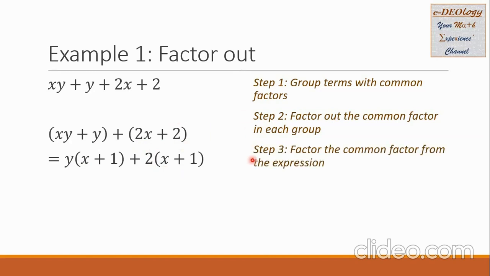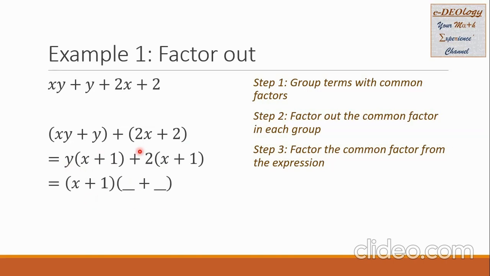In step 3, factor the common factor from the expression. We have now here 2 big groups. For each group, the common factor is the binomial x plus 1. So I'm going to bring out that common factor outside. So it is now x plus 1.